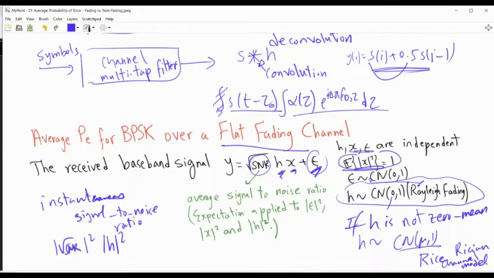You don't apply expectation to H here, but you apply expectation to X squared and to magnitude epsilon squared. So this is the signal to noise ratio given the channel. For the average signal to noise ratio, you push things further and also take expectation of the magnitude of H squared.